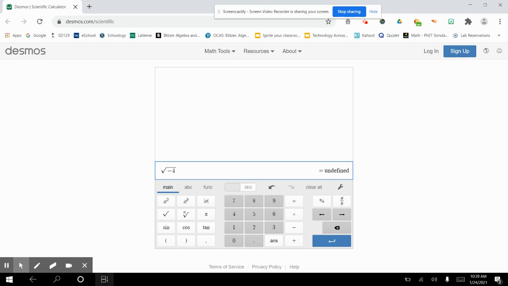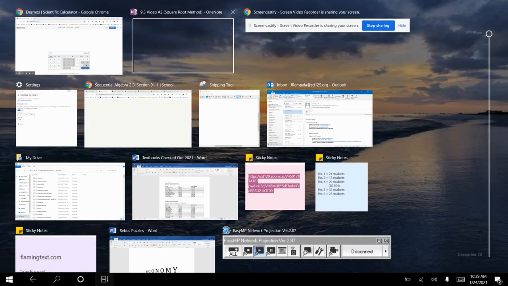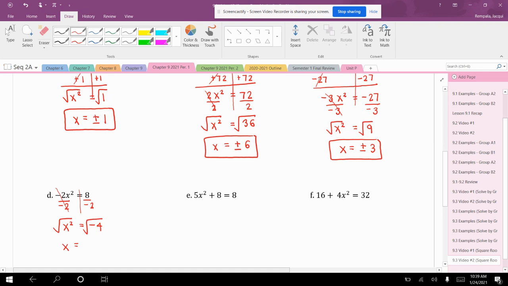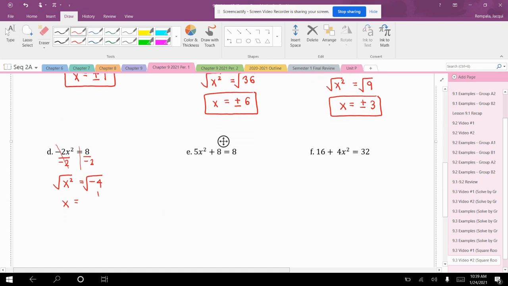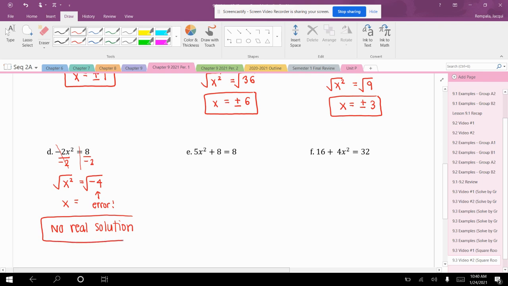And remember, that's because we never, ever want a negative number under the square root. So when that's the case, that is an error. And so remember, we can't say a number. We're going to say no real solution.